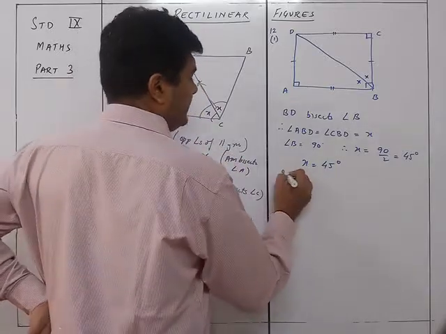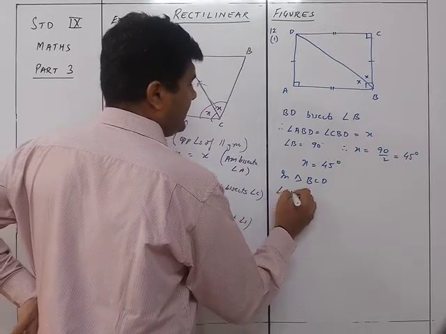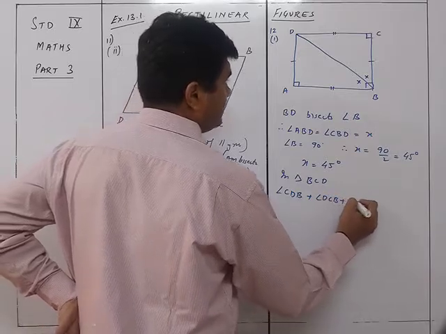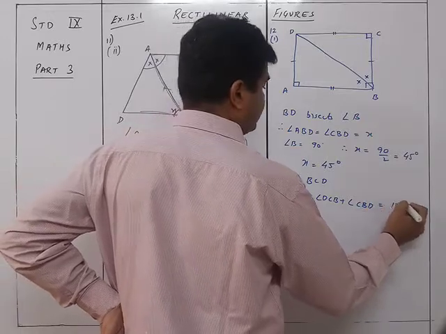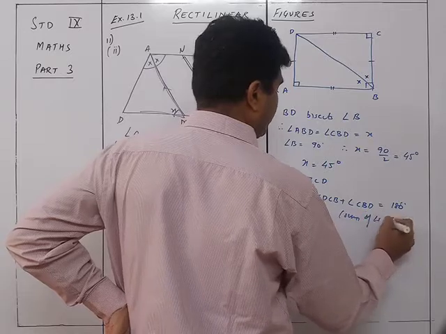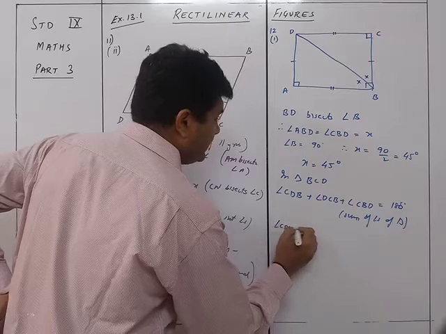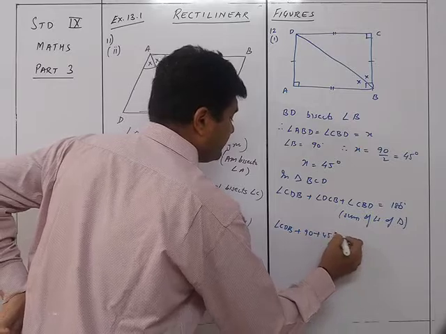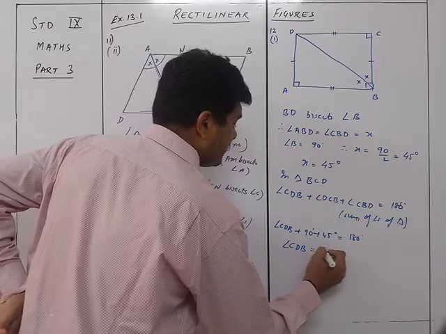Now, in triangle BCD, angle CDB plus angle DCB plus angle CBD is equal to 180 degrees, sum of angles of triangle. Therefore, angle CDB plus 90 plus 45 is equal to 180 degrees. Therefore, angle CDB is equal to 45 degrees.